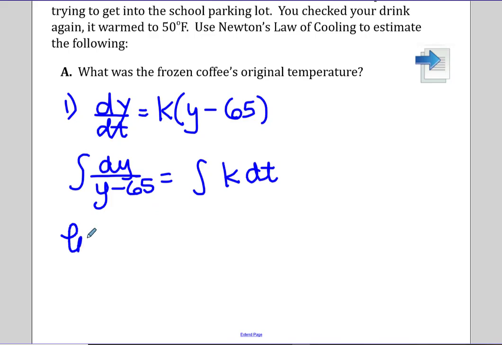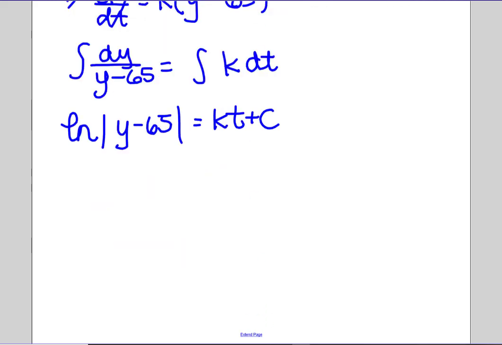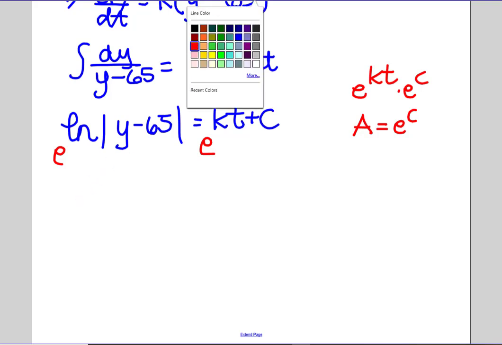So we have the natural log of (y minus 65) equal to kt plus a constant. So exponentiating both sides, and again using those properties, e to the kt times e to the c, we're going to call e to the c A, where e to the c is A.